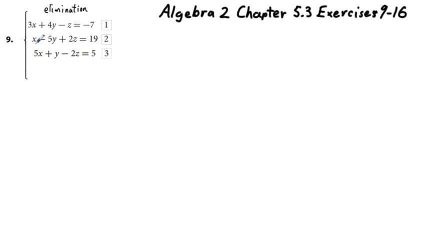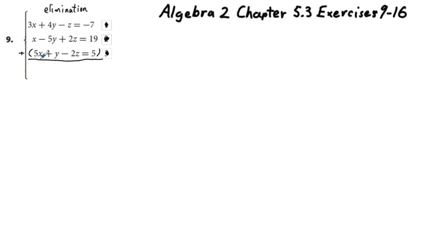I happen to notice in the second and third equation, I'm going to erase these numbers 1, 2, and 3 because they kind of confuse me sometimes. So I'm going to take this second and third equation and add these together. So I put parentheses around the third one and a plus sign.